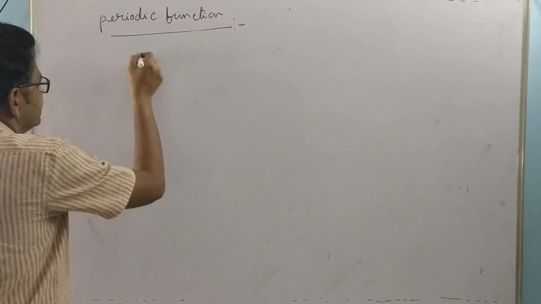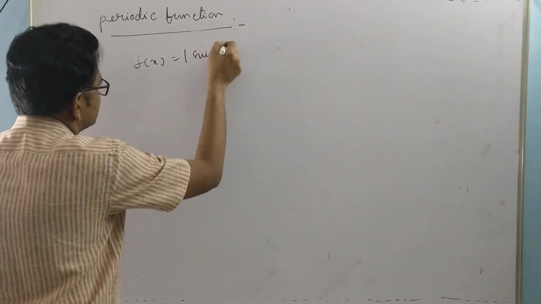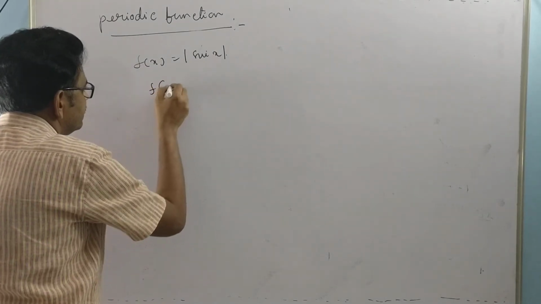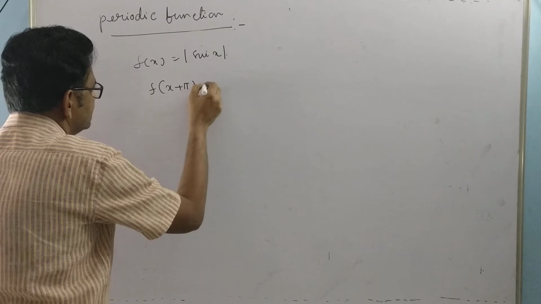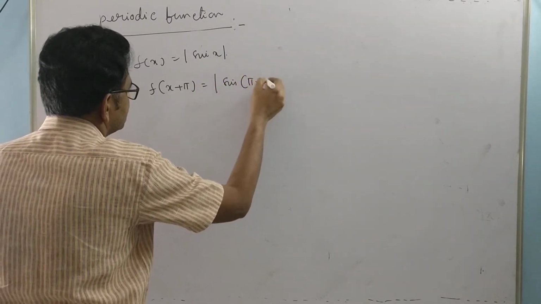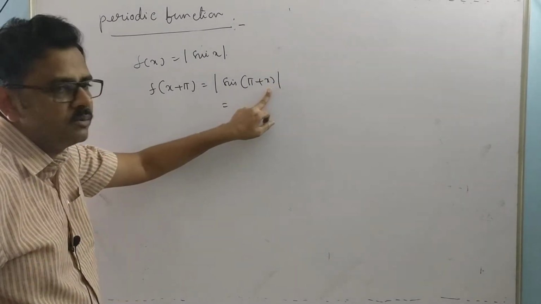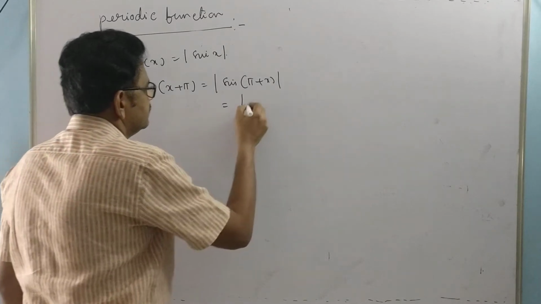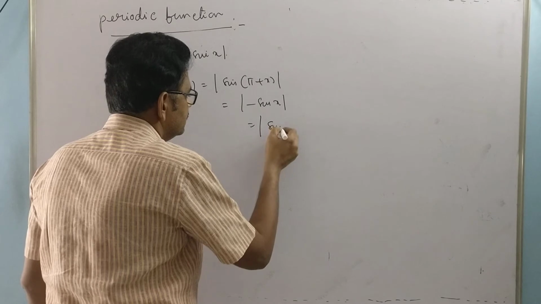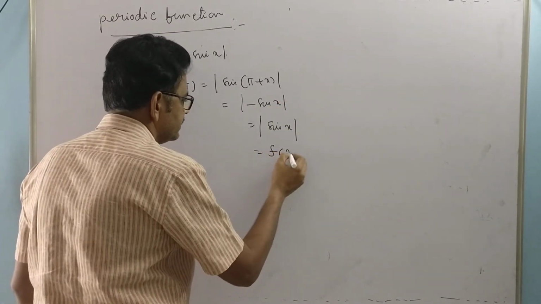Now take f of x equal to mod of sin x. The period of mod sin x: f of x plus pi is equal to mod of sin of pi plus x. Sin of pi plus x, in the third quadrant, sin is negative, so this is minus sin x. Because of the mod, that is equal to f of x.